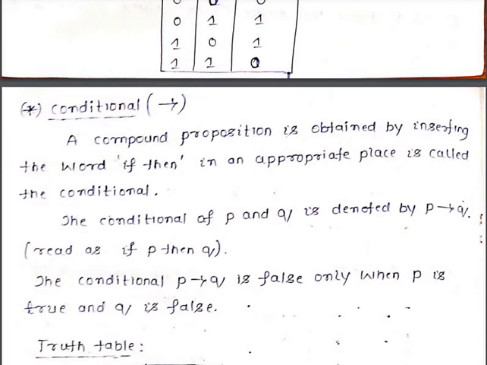Next, the conditional, if P then Q, is false only when P is true and Q is false. So if your P is 1 and Q is 0, then only your conditional will be false. In all other cases, it is true.